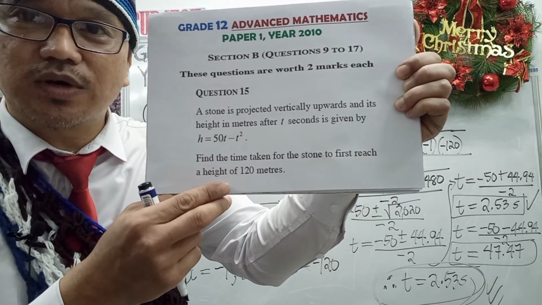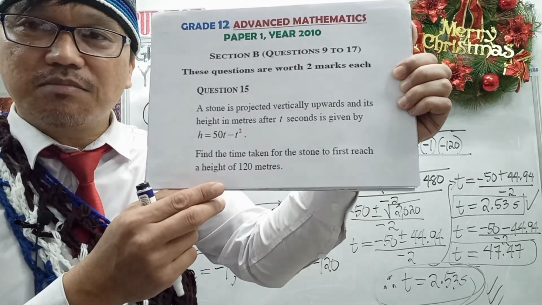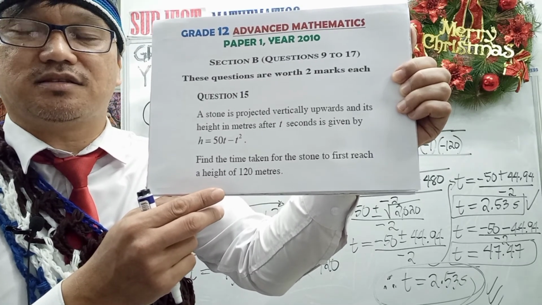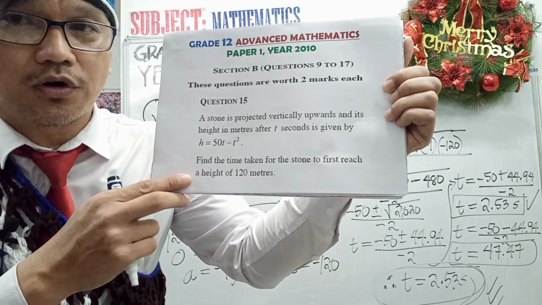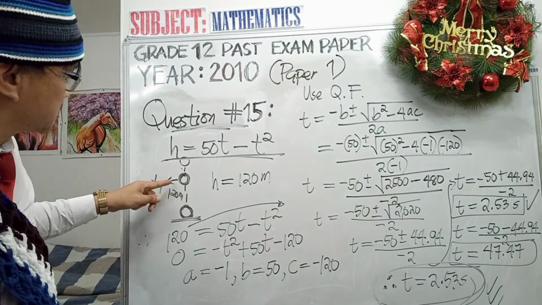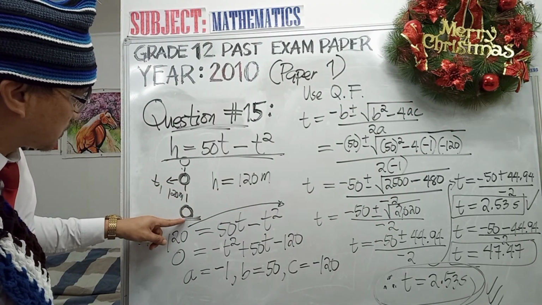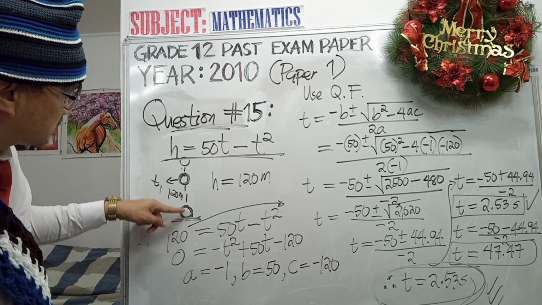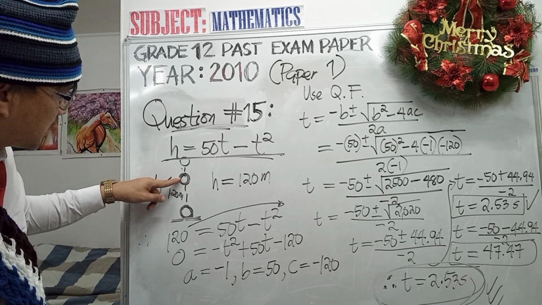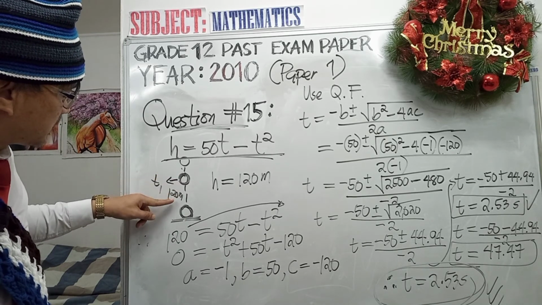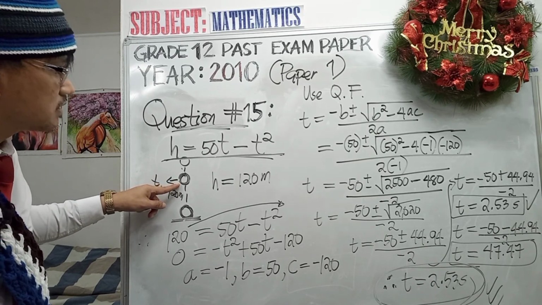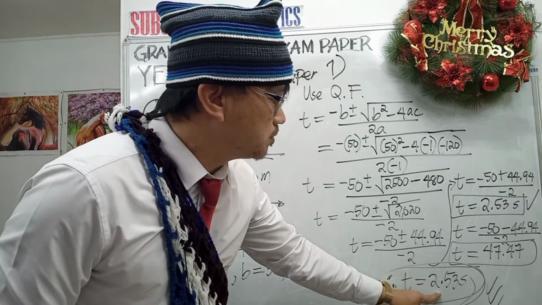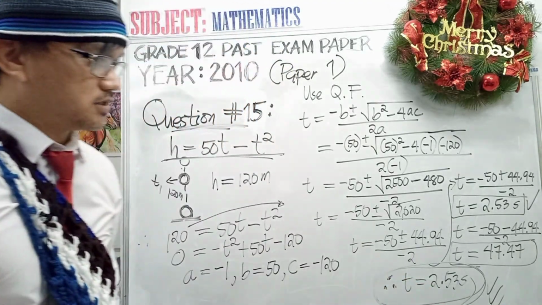So this 120 meters is not the maximum height reached by the stone as it was thrown upward. So when this ball was thrown from this side and reached this first height of 120 meters, the time taken was 2.53 seconds.